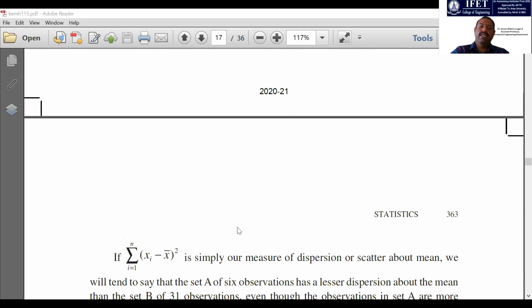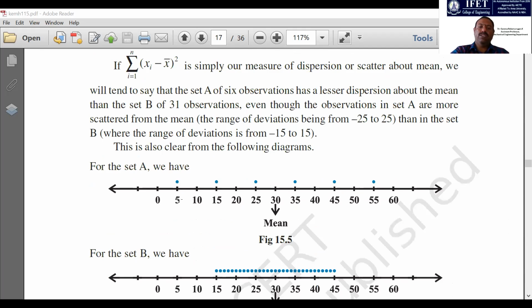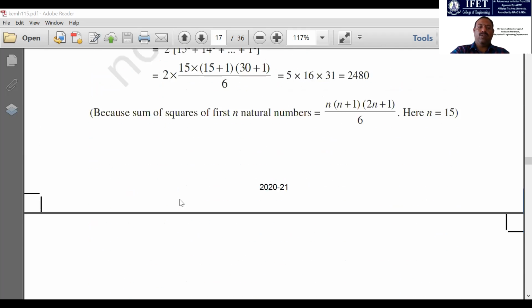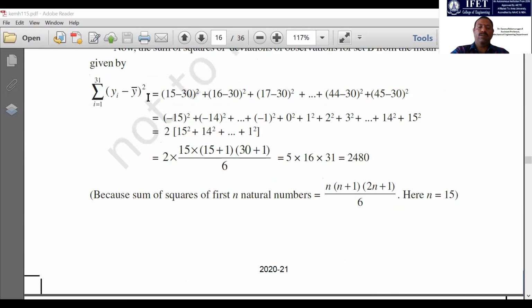We are converting the deviations into positive values by squaring them, and we are summing everything. Each deviation is getting converted into a positive value by squaring. Instead of taking the modulus, we are converting into a square.